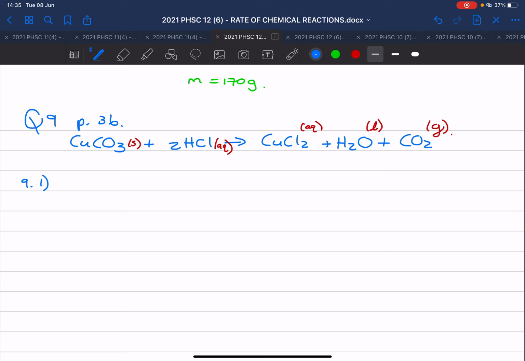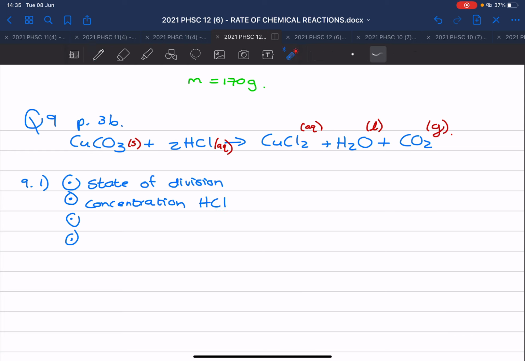So here, we said there's always 4 things that we can change. 1, 2, 3, 4. The first one we said is the state of division. Okay, so powder or solid or whatever. Then the next one is the concentration, and that is a concentration of hydrochloric acid. We can't change the concentration of that.